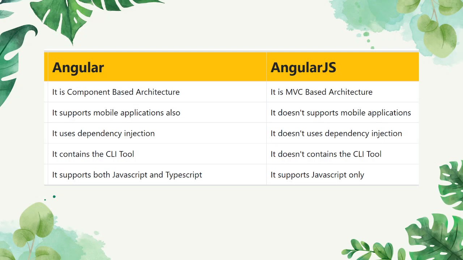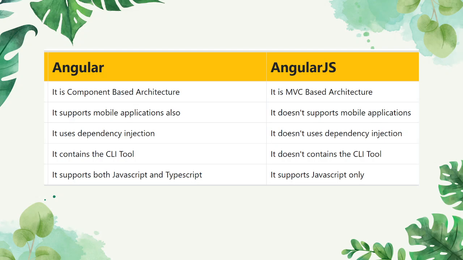Angular supports both mobile applications and web applications. As we see, AngularJS does not support mobile applications. Angular uses dependency injection. In further videos, you can learn about dependency injection. It is one of the powerful tools provided by Angular to inject services into components. AngularJS does not use dependency injection. Angular consists of a CLI tool.